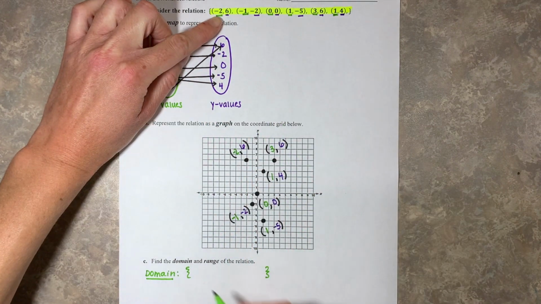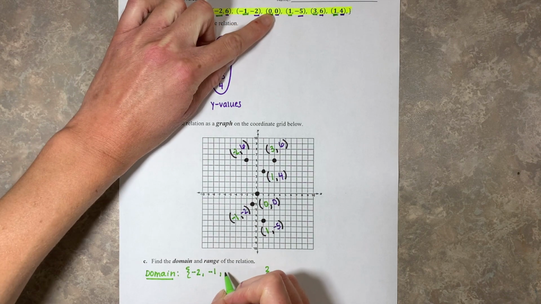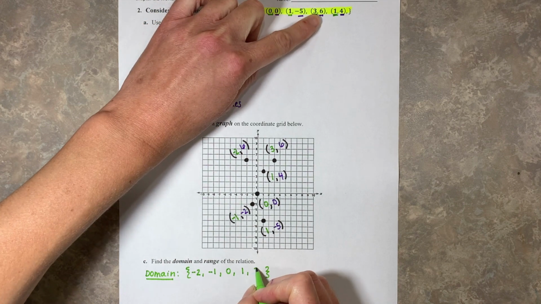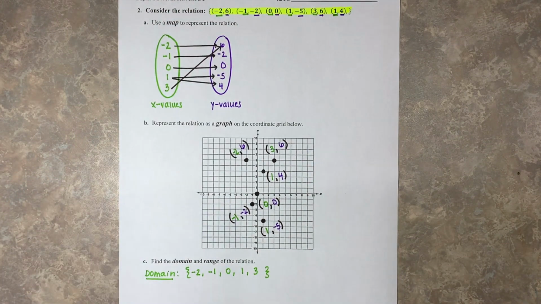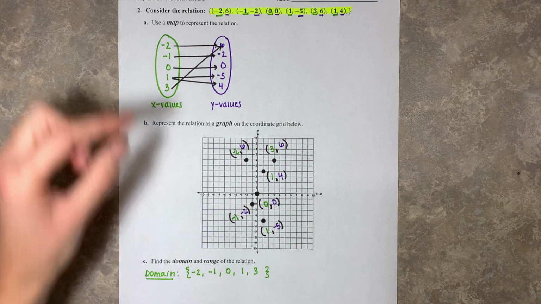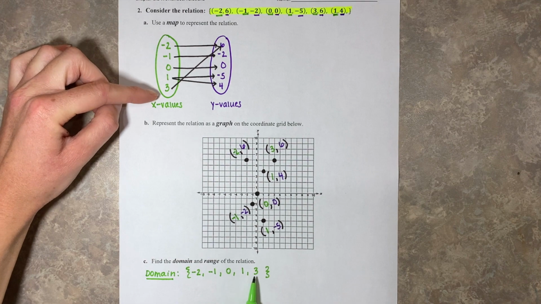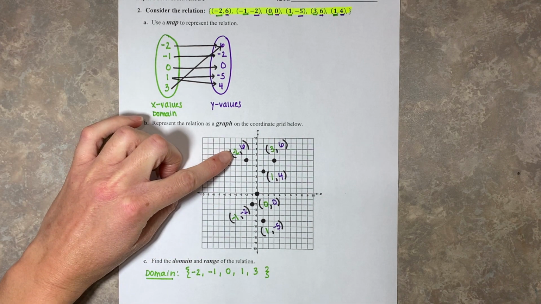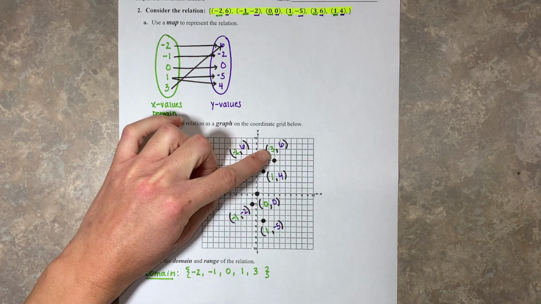They would be -2, -1, 0, 1, 3, and we've already listed 1, so we don't repeat it. We could have also determined the domain by looking at this map and by copying down these x values. We could have also determined the domain by looking at the graph and by copying down the x value of each ordered pair, which I've drawn in green.